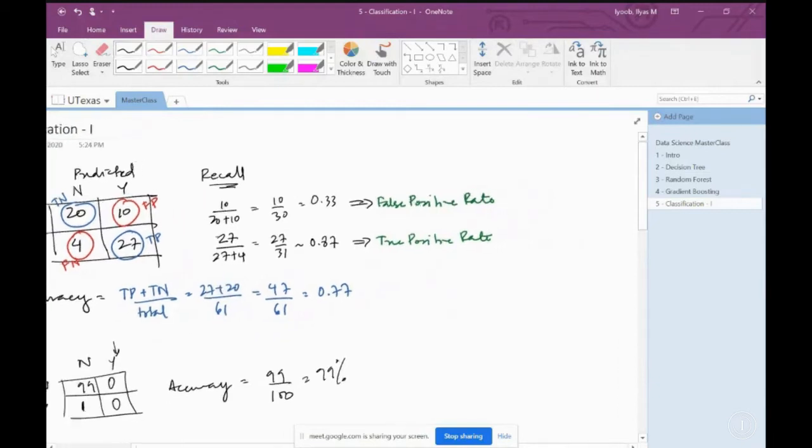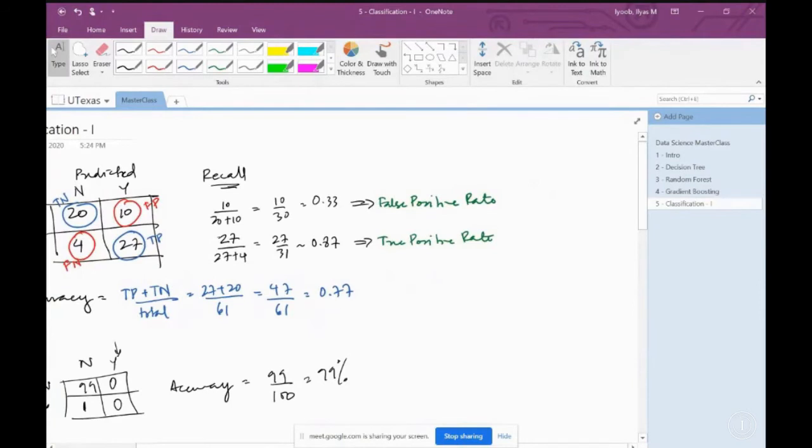And what we want is to figure out whether this is good or not. If our true positive rate is 0.87 and our false positive rate is 0.33, is that good or not? That's the question. We want our true positive rate to be high, and we want our false positive rate to be low.